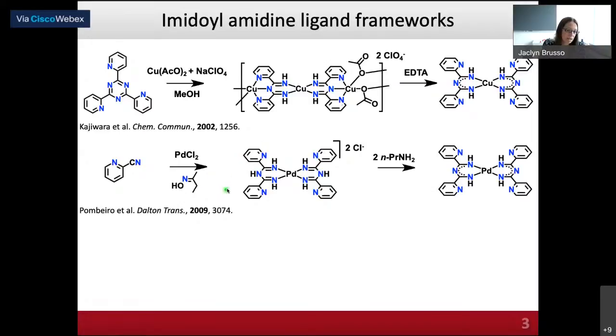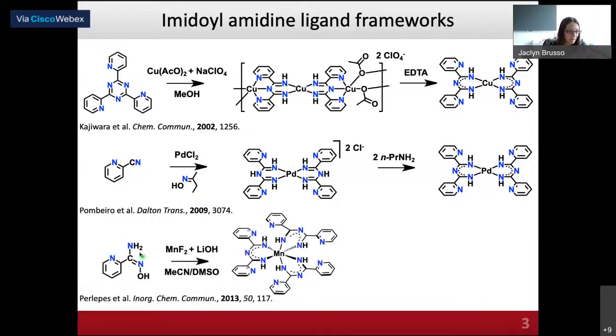In this particular case, the ligand framework was fabricated through the in situ reaction between a nitrile and an oxime. And then a few years later, combining these two ideas by generating this amidoxime starting material and reacting it with manganese, a manganese complex coordinated to 3 of these imidoyl amidine ligands was reported.